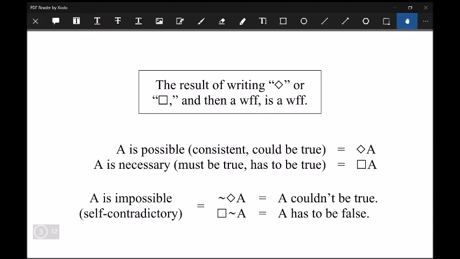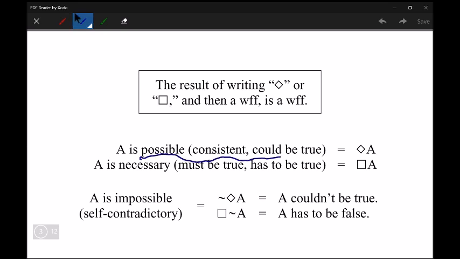Now, two of the more common ones are: A is possible, consistent, could be true, various ways of saying the same thing. And we will regard these as all equivalent. And that just goes into diamond A. Okay?